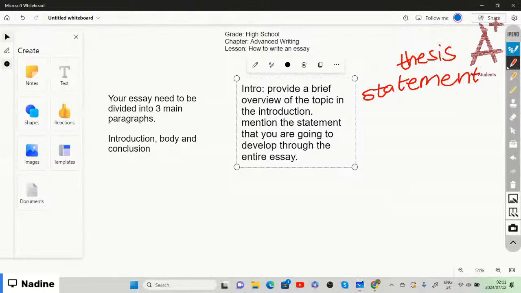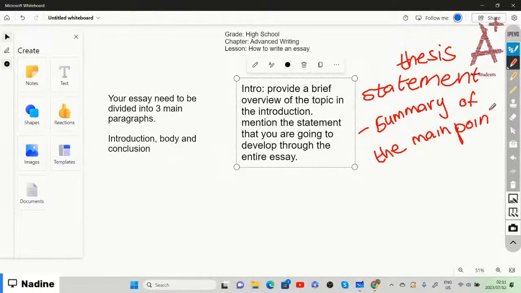Your thesis statement usually appears within your introduction, in your introductory paragraph, and it is basically a summary of all your main points, or it is a claim of your essay, or your research or book or whatever you are going to be writing about.